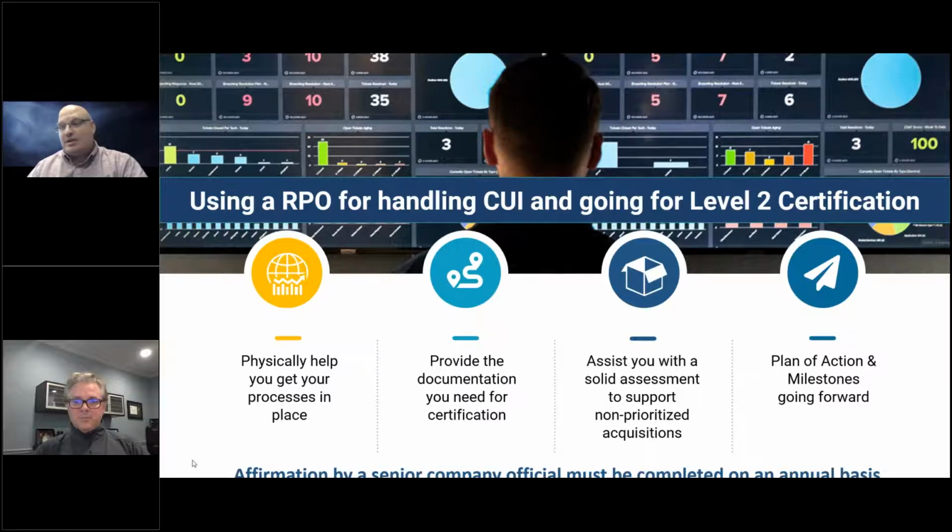The reality is you can start to participate in contracts today if you get a good assessment in place, and you can provide a plan of action and milestones that says within a time frame when you're going to meet the requirements you're supposed to meet. But there are certain circumstances, particularly when it has a level 3 certification instead of level 2, or when it's considered protected CUI or an additional higher class, where you may not be able to use a plan of action and milestones to get provisional approval to still participate in the contract.